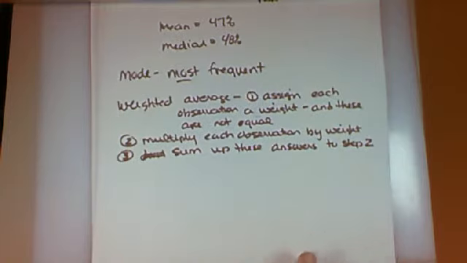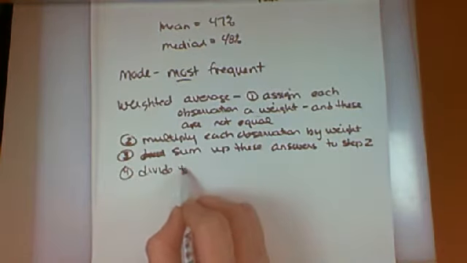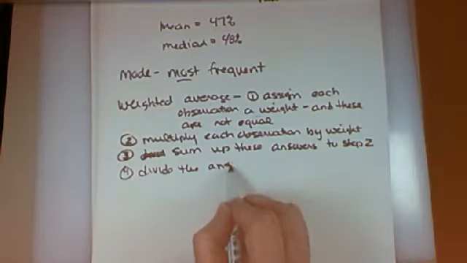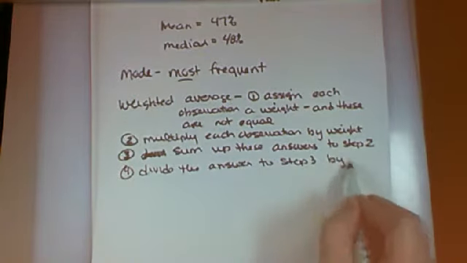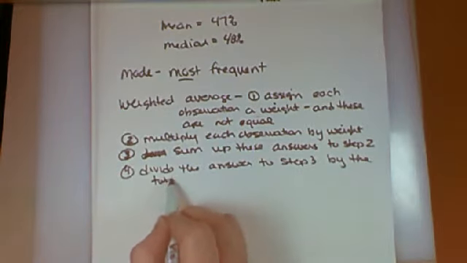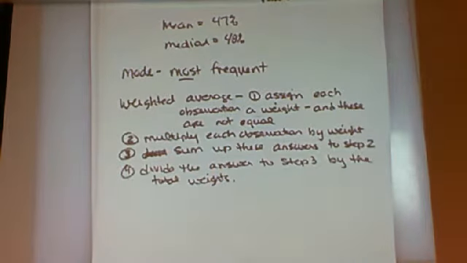But if you wanted to know the price per square foot, or something like that, then you divide. Then step 4, you divide the answer to step 3 by the total weight. The total of the weights. Not the number of observations, but the total of the weights. Okay?